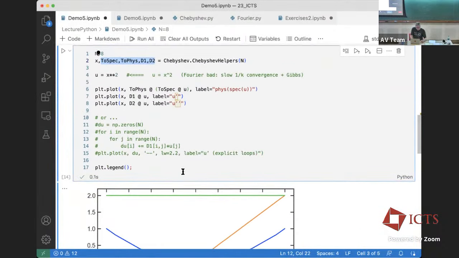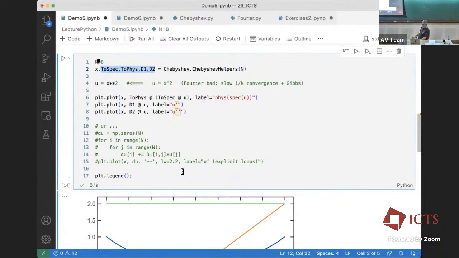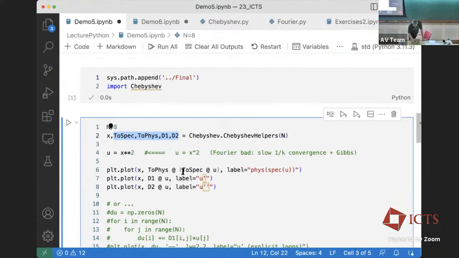And so here's one of the examples from the problem set. We're starting out with u equals x squared. The x is already the magic Chebyshev grid, because these are the Chebyshev points that come back from our nice function.